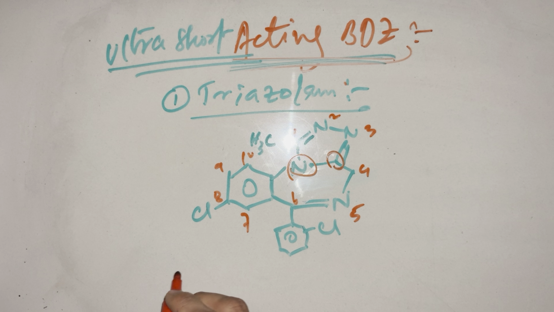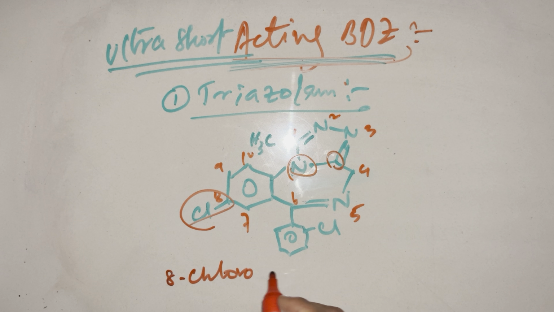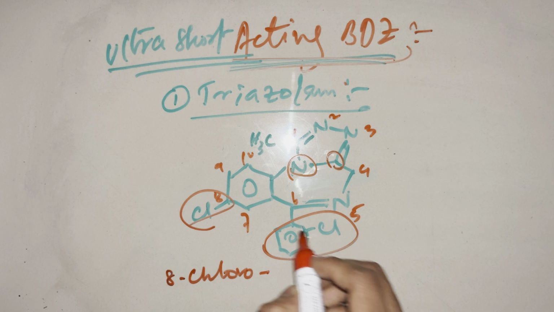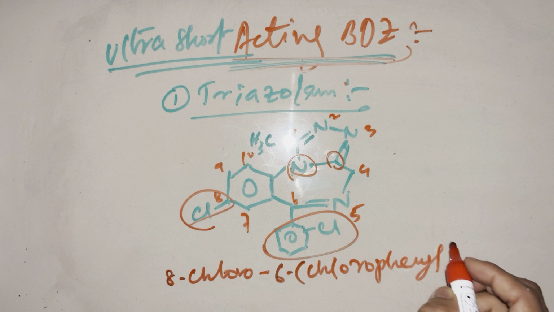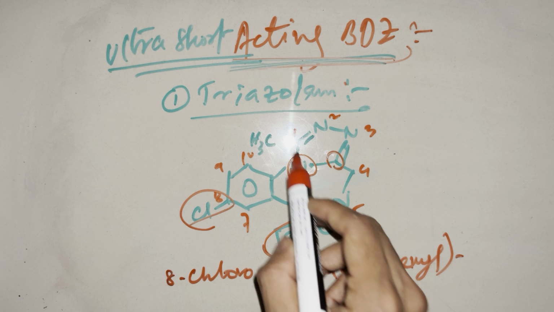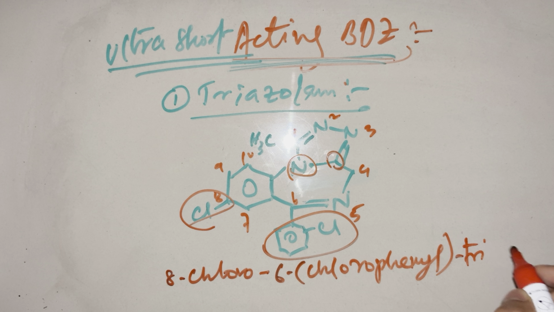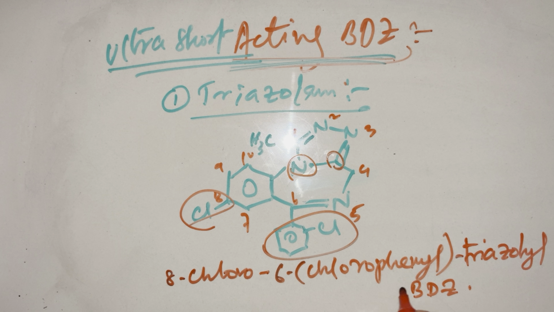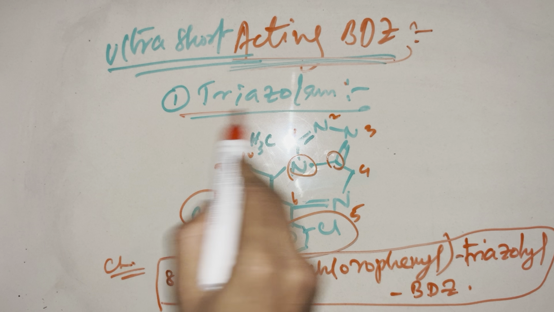The chemical name will be 8-chloro, 6-chlorophenyl, triazolo benzodiazepine. 8-chloro, 6-chlorophenyl triazolo benzodiazepine is the chemical name of triazolam.